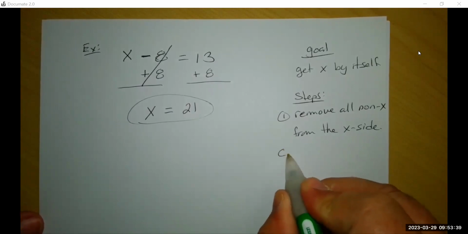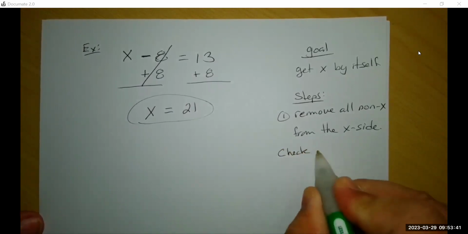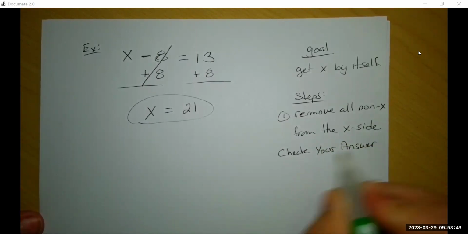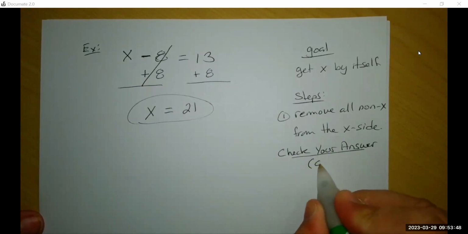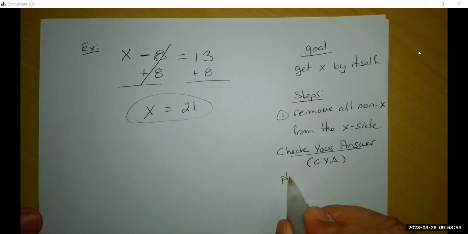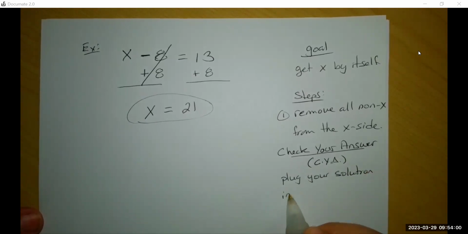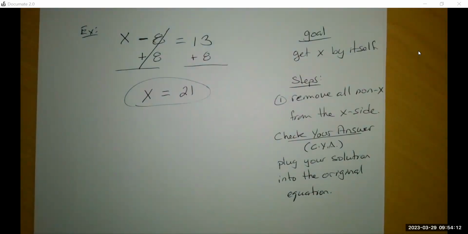And then always check your answer. Plug your solution into the original equation and see if it's true.